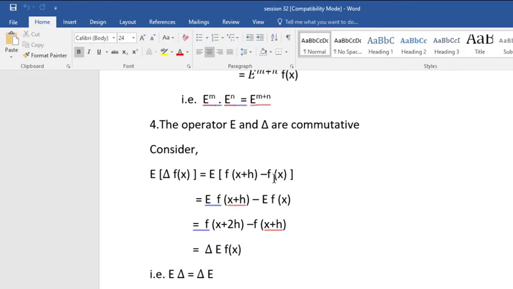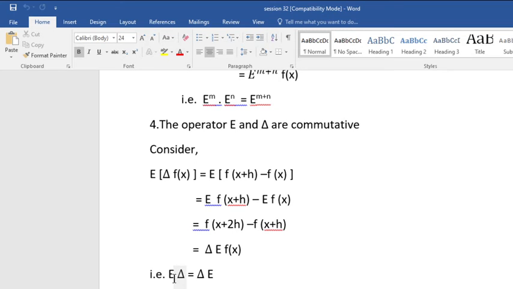of the functions separately. That means we can write it as E of f of (x plus h) minus E of f of x, and then we know that E of f of (x plus h) is nothing but f of (x plus 2h), minus E of f of x, which is nothing but f of (x plus h), and again using the definition of shifting operator, we can write this as forward difference of E of f of x.